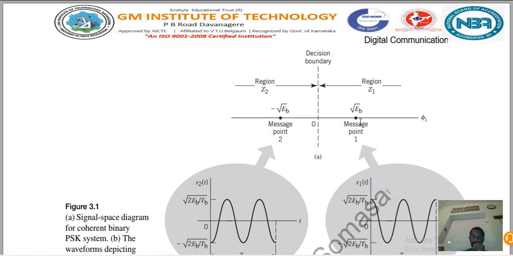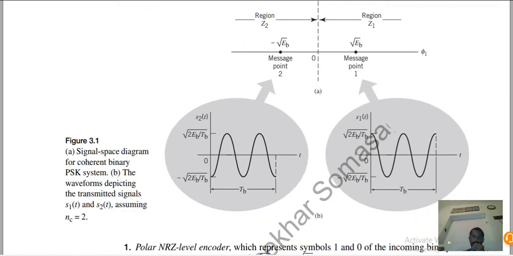And in the same way we have drawn the antipodal signals. The symbol 1 is represented, it has started from the positive amplitude, and S2 of t has started from the negative amplitude.